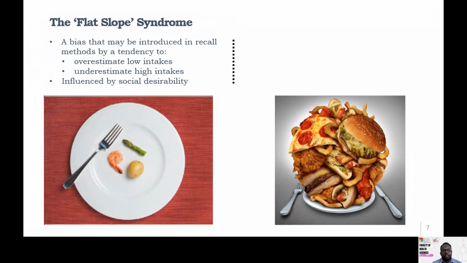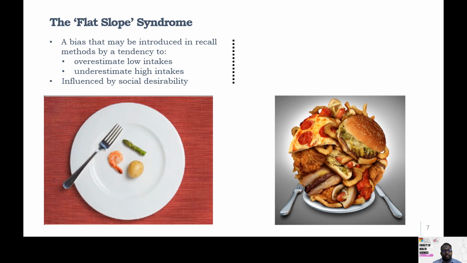So now we go into an interesting syndrome, which is the flat slope syndrome. A flat slope syndrome is a bias that may be introduced in recall methods by the tendency to overestimate low intake and underestimate high intakes. Flat slope syndrome is basically influenced by social desirability.